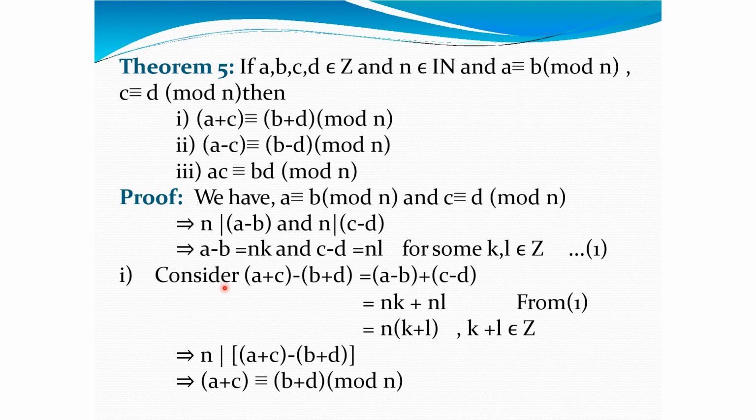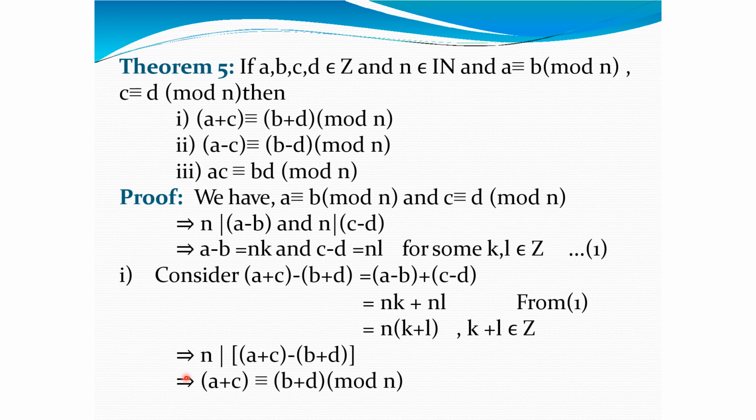Changing the sign of b and d, it is a minus b plus c minus d. From this equation, it is nk plus nl. So finally it is n into (k plus l). By the definition of divisibility, n divides (a plus c) minus (b plus d), as k plus l is an integer. So by definition of congruence, a plus c is congruent to b plus d modulo n.